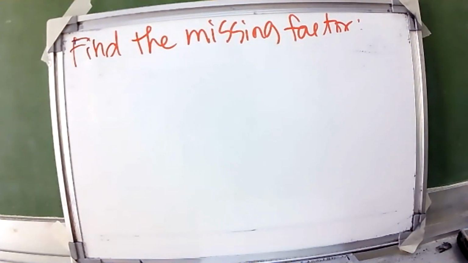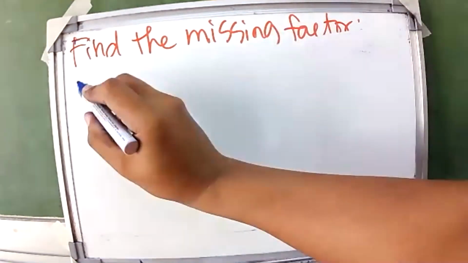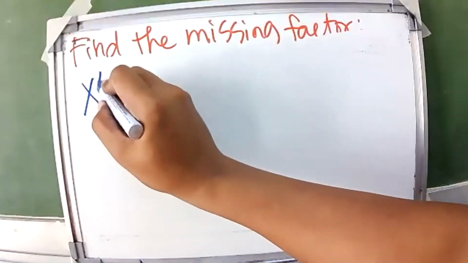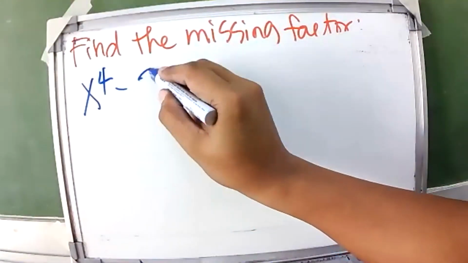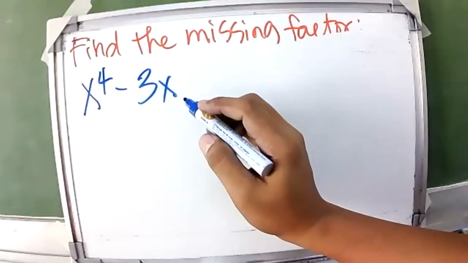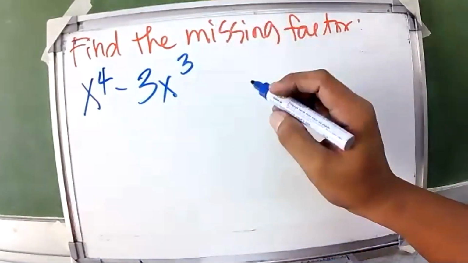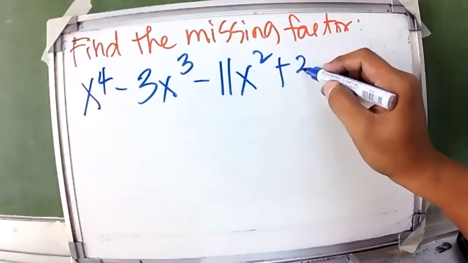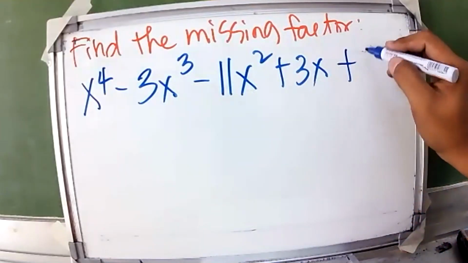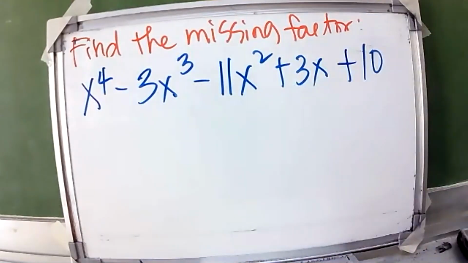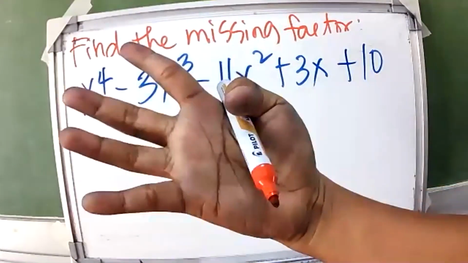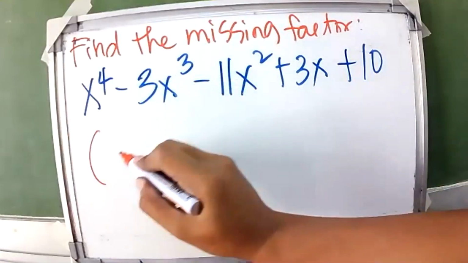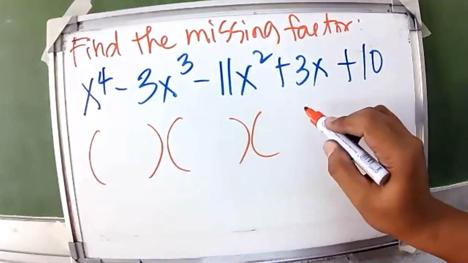Eto na. Game. Find the missing factor of x raised to 4 minus 3x cubed minus 11x squared plus 3x plus 10. I want you to chat the answer in your chat box. If the factors are, so therefore it's the four factors ang hinahanap nyo. 1, 2, 3.